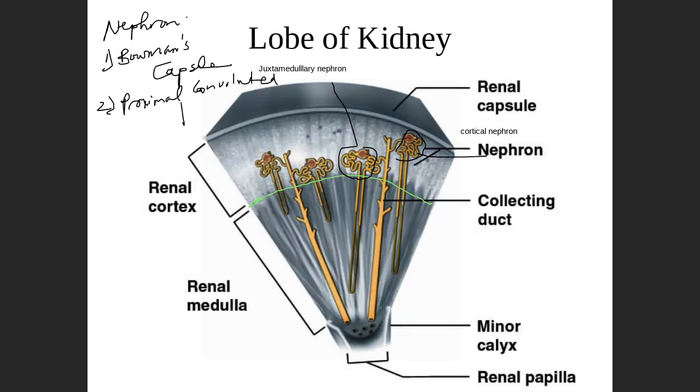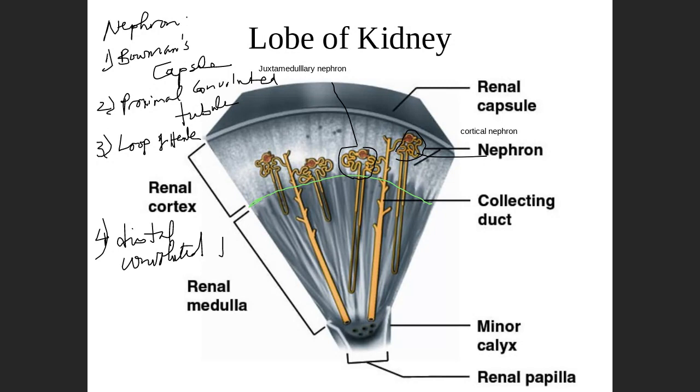Three, loop of Henle. And four, distal convoluted tubule. So these are the four components.